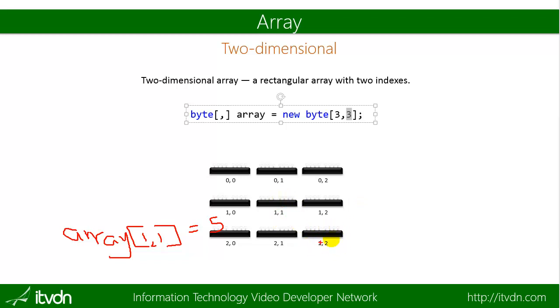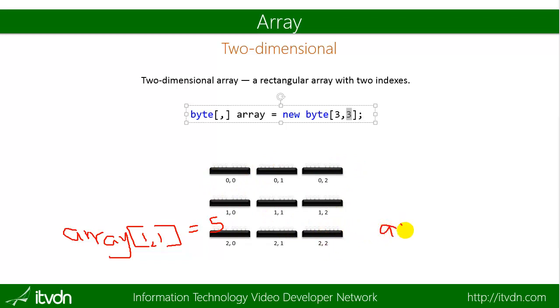If you want to assign a value to this element here in this array, where is this element located? It's located in the third row and third column. So third row, we have it here, and third column, it's the last we have here.